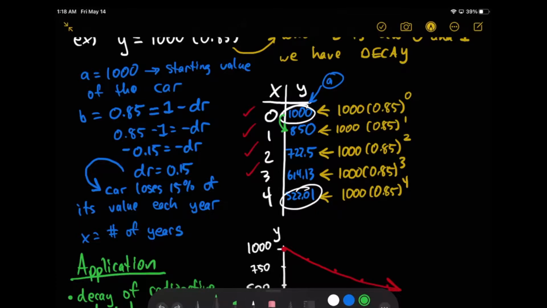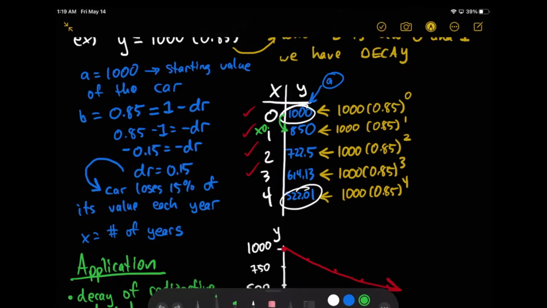So every time I go from 1,000 to 850, I'm multiplying by 0.85. And to find each next number, I'm multiplying by 0.85 again. Multiplying by the same number each time to find the next number is what defines this being exponential.